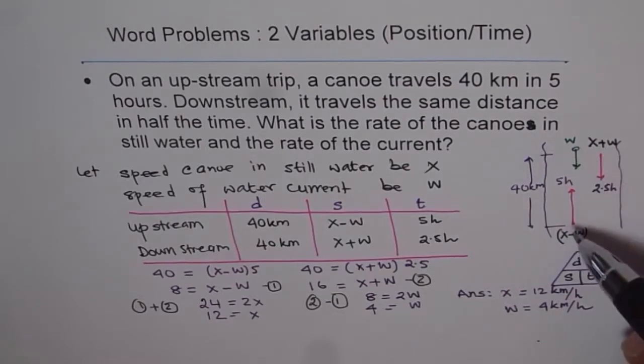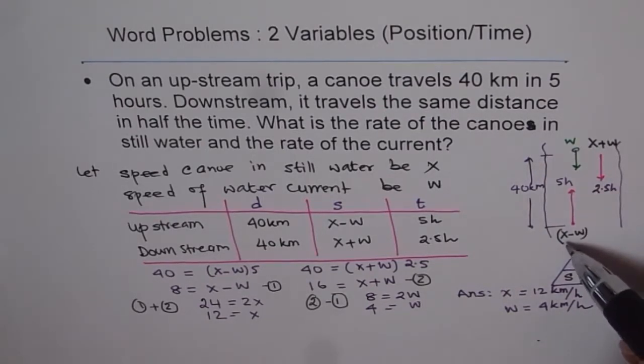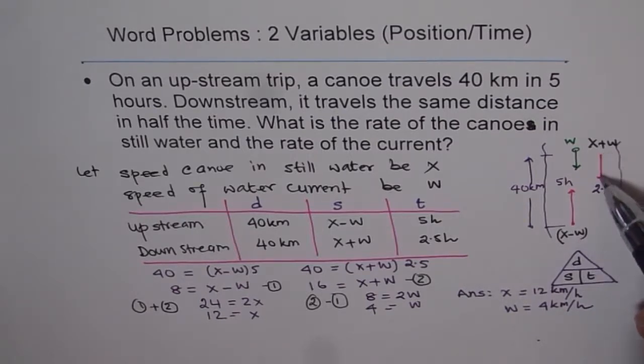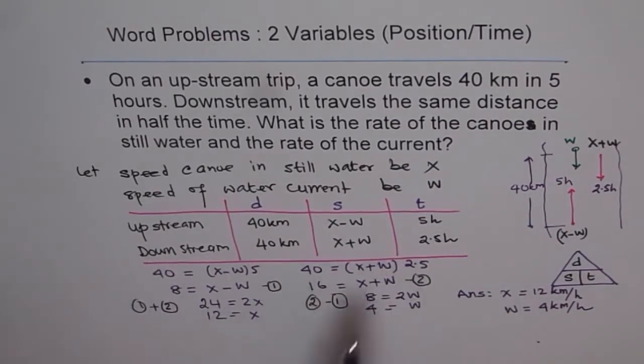So when the canoe goes against water, its speed will be x minus w, or when it is going downstream, then both get added up. Then we made a table of values for two different scenarios, one for upstream, one for downstream. Distance being same as 40 kilometers, speed as we worked out, x minus w for upstream and x plus w for downstream. And time taken was 5 hours for going upstream and half of 5, 2.5, for downstream.